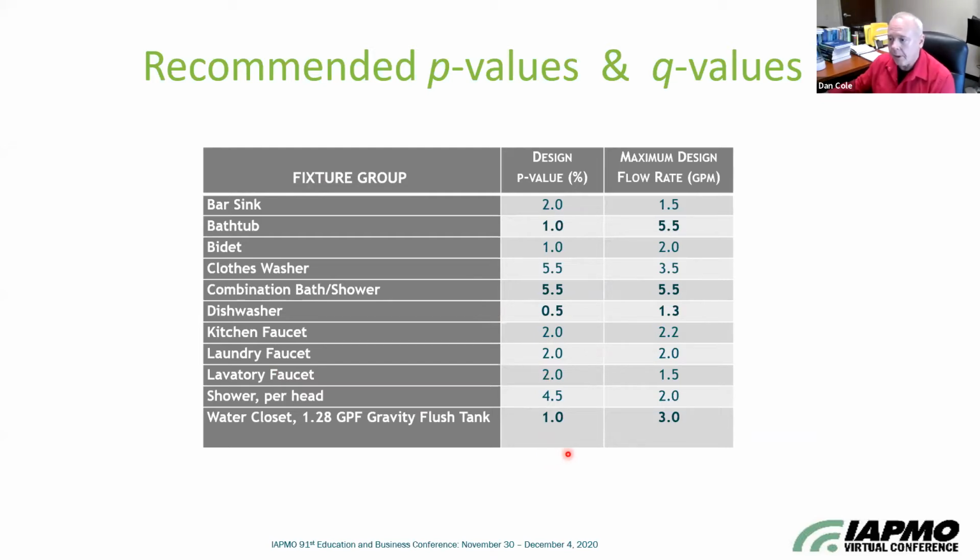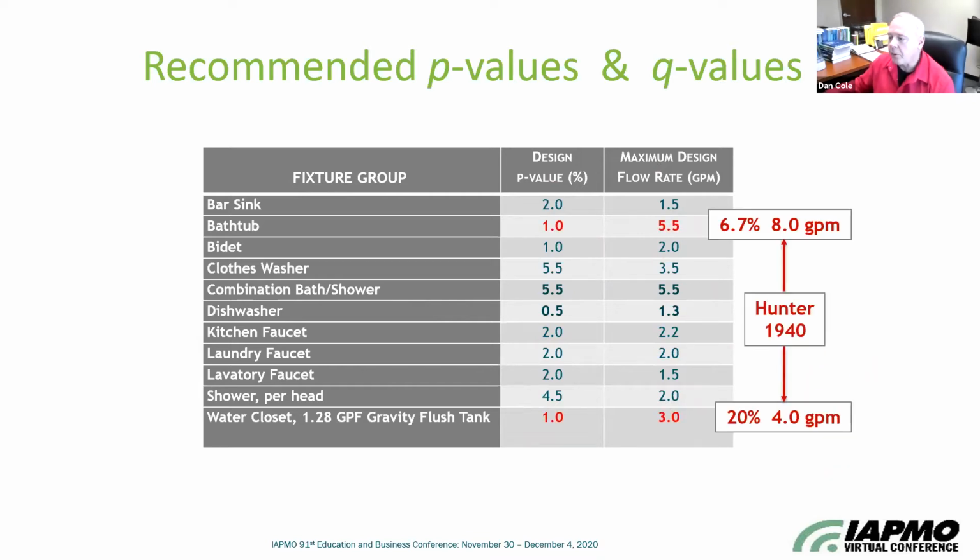What is the percentage of probability that that fixture will be on during peak hour use? So these are the peak values in percentages, and these are the maximum flow rate designs. And these are low flow rates because these are water conserving plumbing fixtures. And again, these flow rates and these p-values were determined from the database that we received from all these residential end use of water surveys.